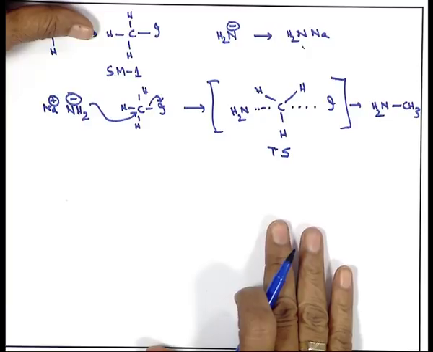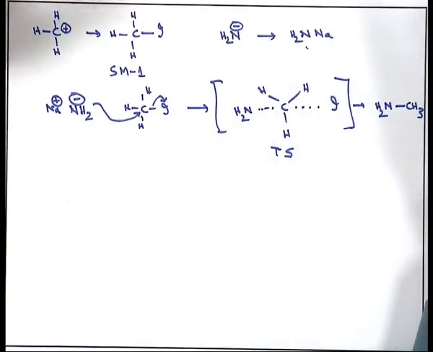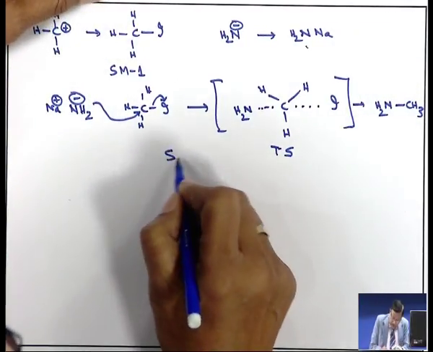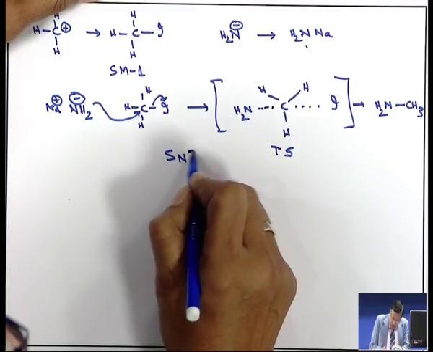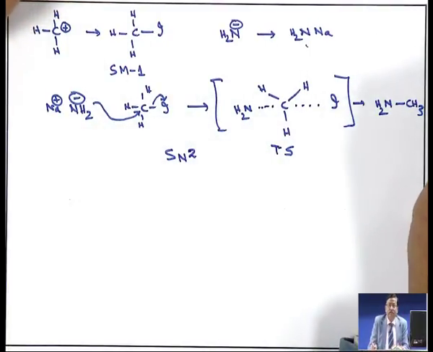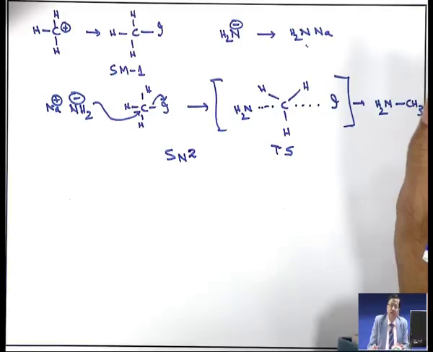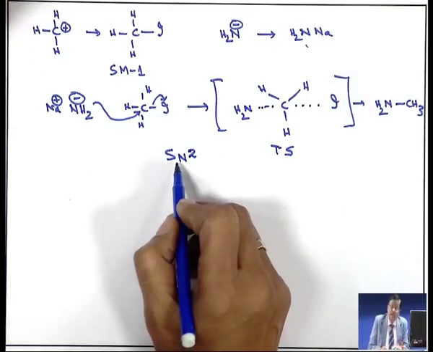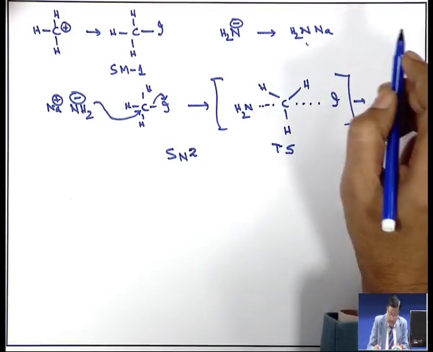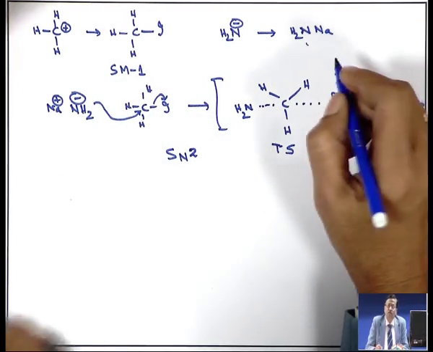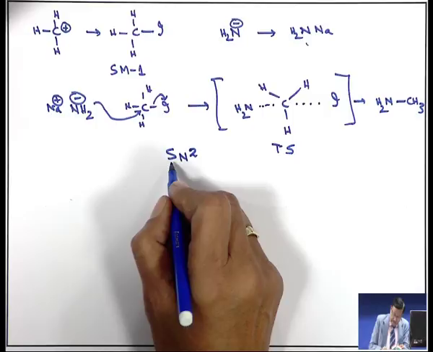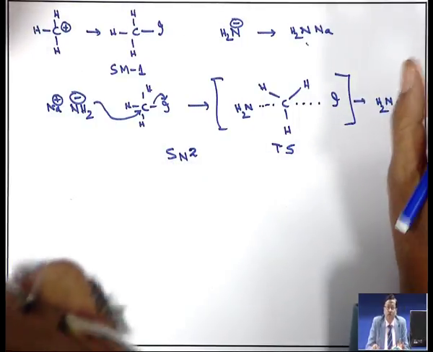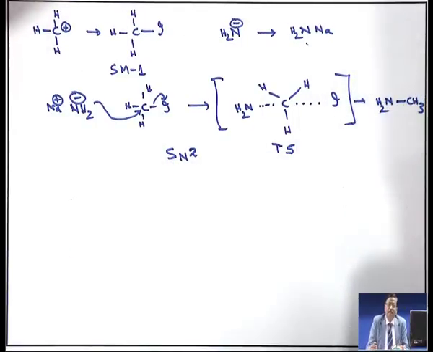So, this is called a substitution nucleophilic bimolecular or SN2 type reaction. So, what is SN2? S stands for substitution, N should be subscript but in capital, and 2 should be of the same size as S, not SN square. Some people say SN square, no, it is SN2.